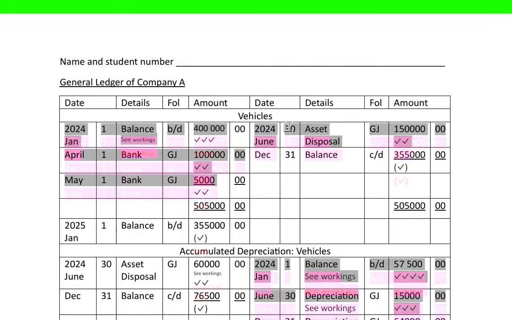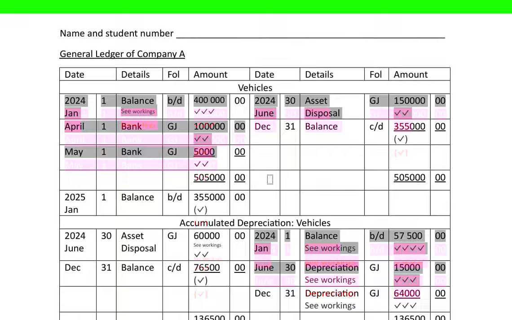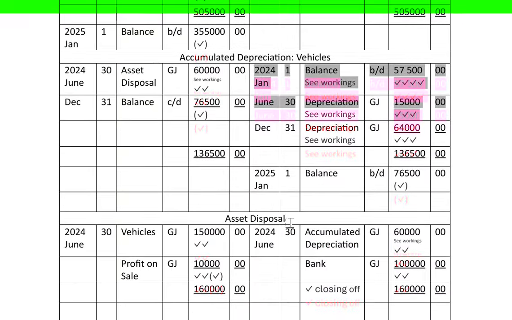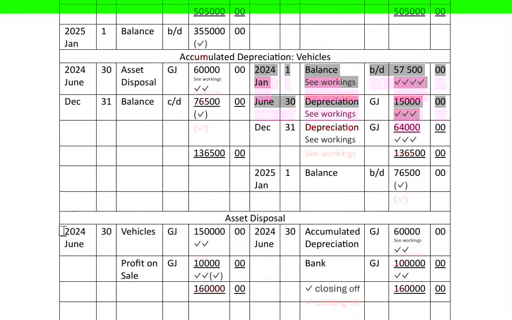We're taking it off our books. Credit vehicles, decrease in assets. And we debit asset disposal on the date of the sale, which was June the 30th. So we've transferred the cost price of the vehicle we are selling to asset disposal from the vehicle's account.